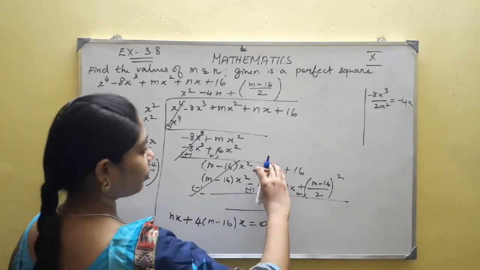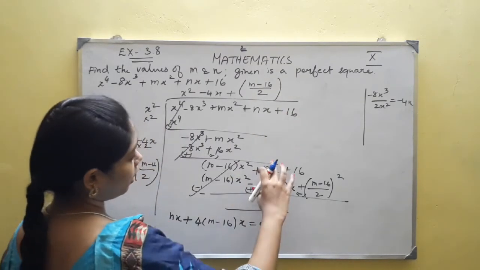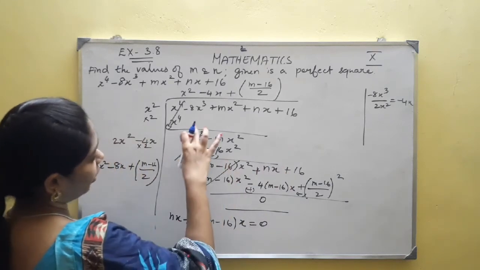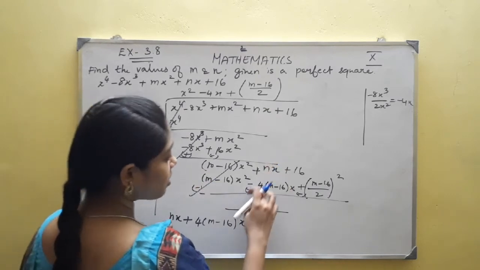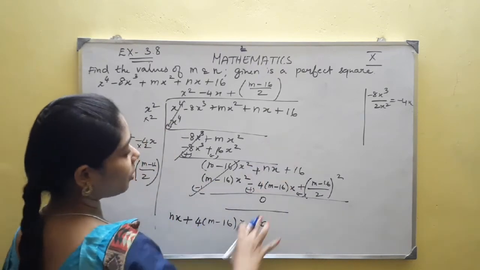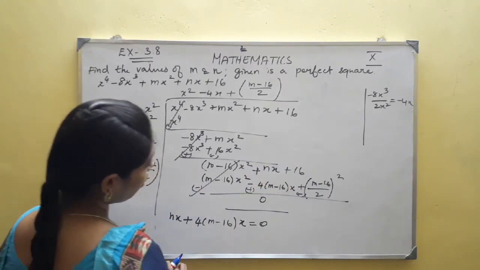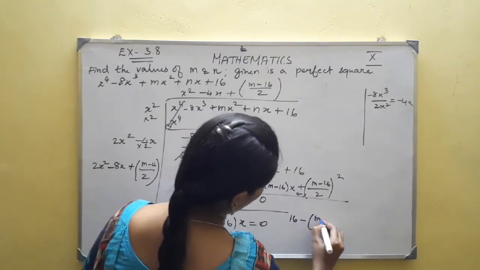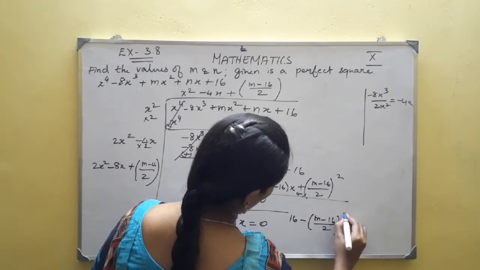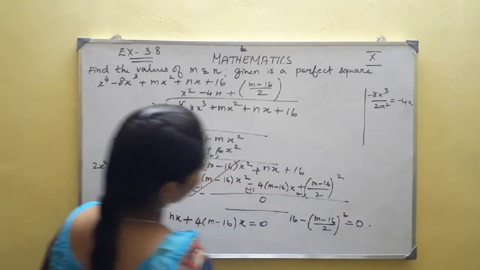Because it is a perfect square, definitely this portion gives you 0. These are all getting cancelled, no? Same way this is supposed to get cancelled because this is a perfect square. So this gives you 0. Same way here also, 16 minus m minus 16 by 2 the whole square equal to 0.